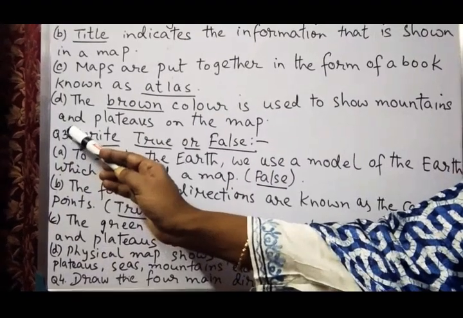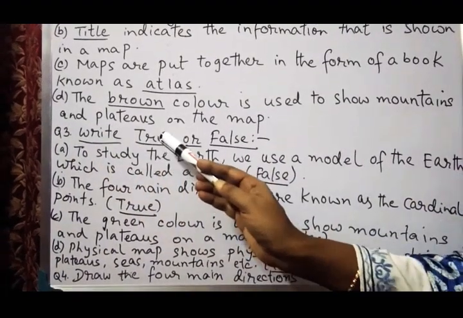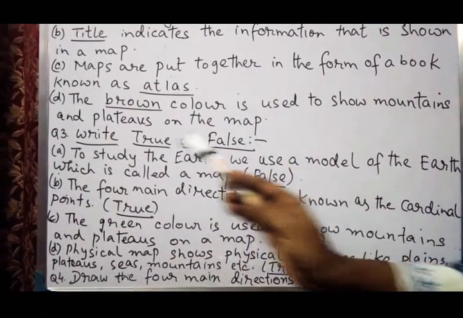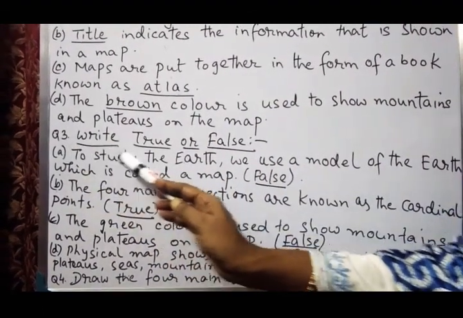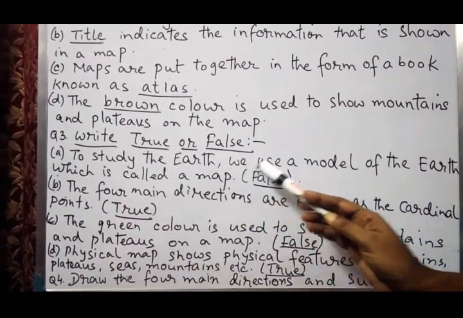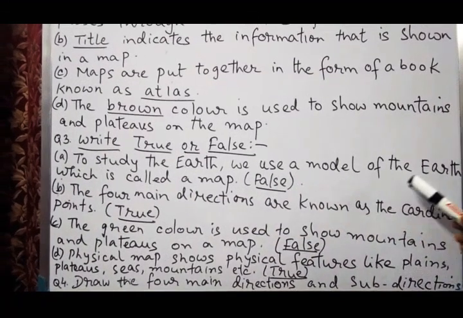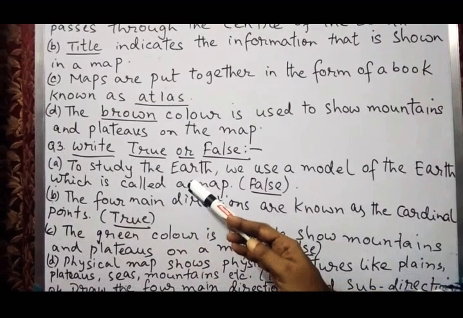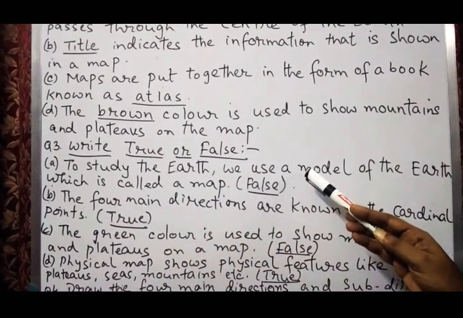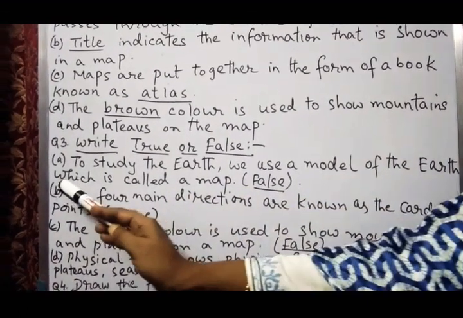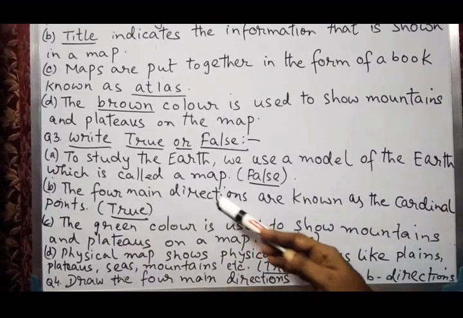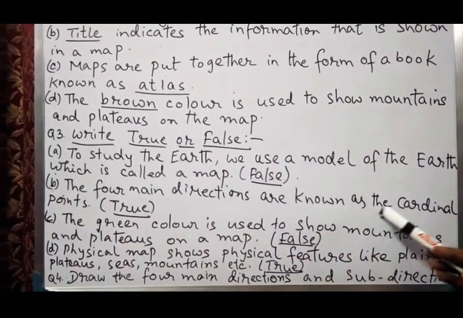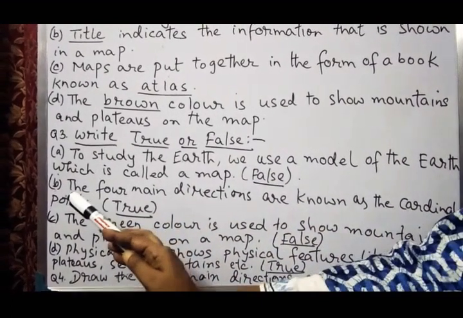Question number 3. Write true or false. Number A. To study the earth, we use a model of the earth which is called a map. Answer is going to be false. Number B. The 4 main directions are known as the cardinal points.